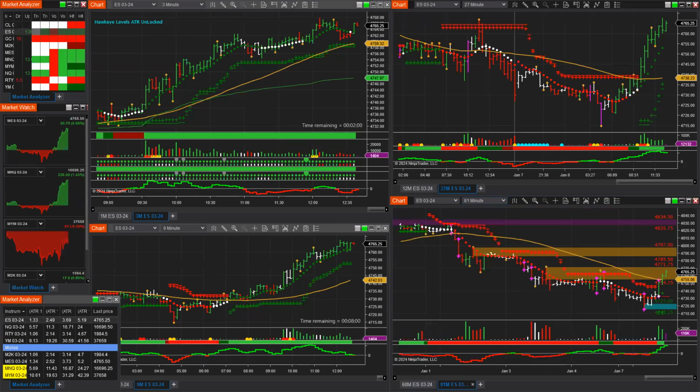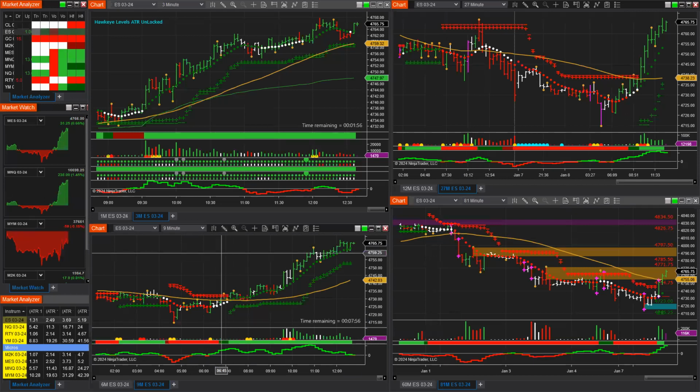But the 81 chart gives me a nice harmonic based upon my 3, 9, 27 charts. Up into overhead resistance. So I'm expecting this to start giving me some pause or some range bound price action until I hit a 47.71.